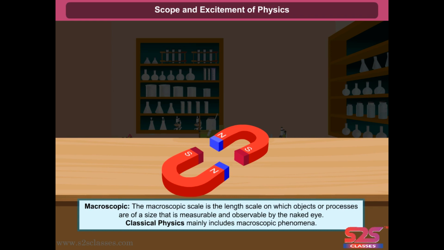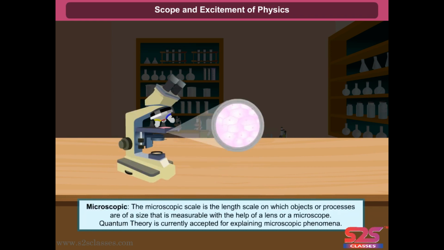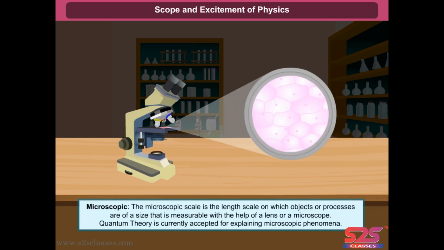Classical physics mainly includes macroscopic phenomena. Microscopic. The microscopic scale is the length scale on which objects or processes are of a size that is measurable with the help of a lens or a microscope. Quantum theory is currently accepted for explaining microscopic phenomena.